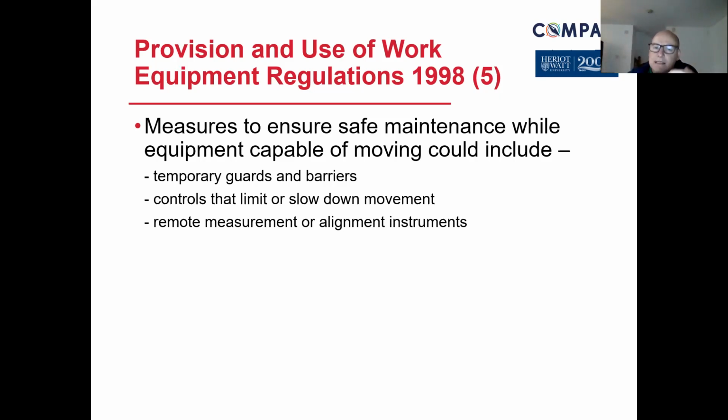So it acts as a distancing mechanism to stop you from becoming exposed to the hazard or the danger zone. Remote measurement or alignment instruments can mean you can get sensors built in, or you can measure from a distance rather than being in the danger zone yourselves.